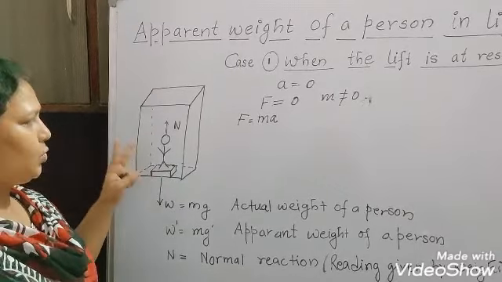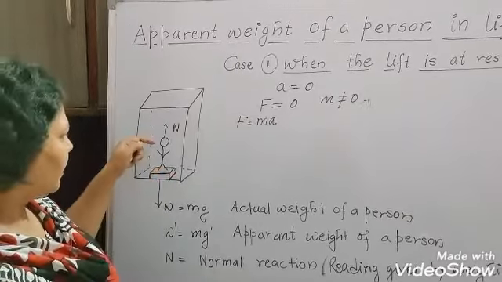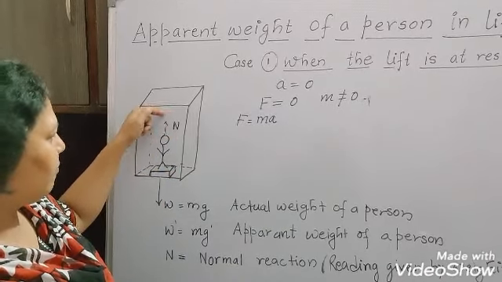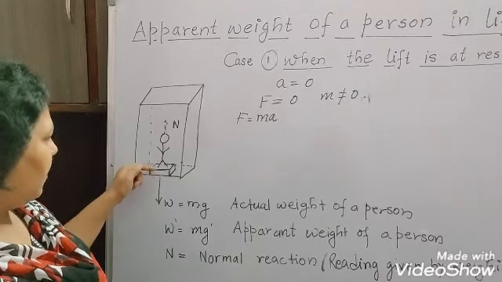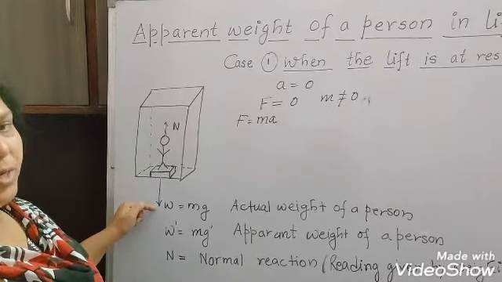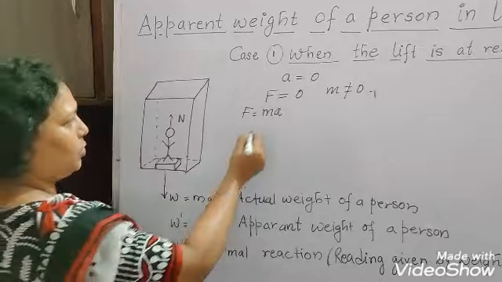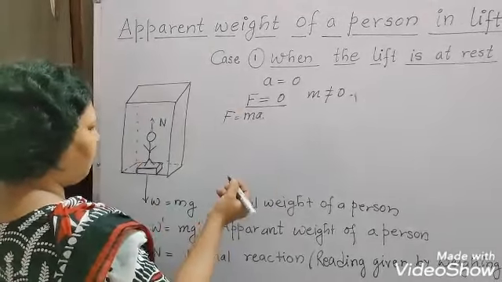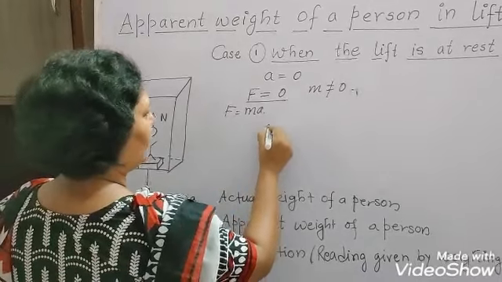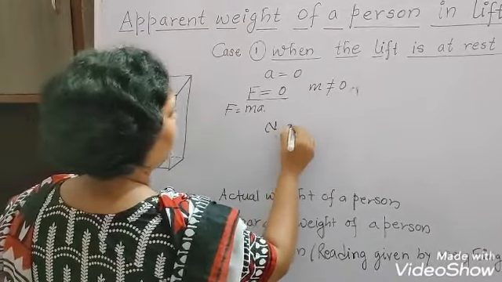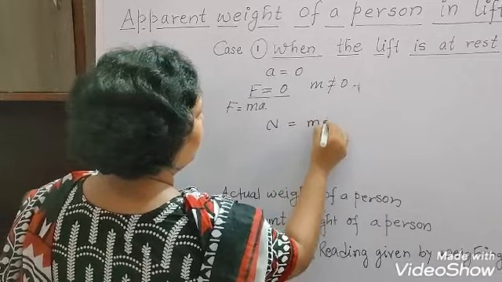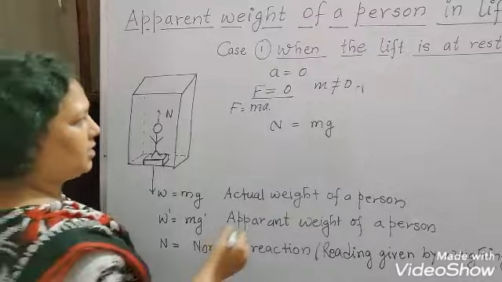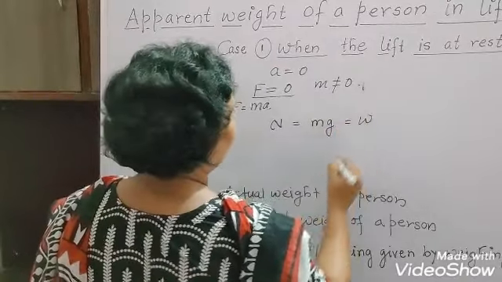Here you will find two forces are working: one, the normal force or normal reaction, perpendicular upward, and the weight of the person, perpendicular downward. Because the net force is 0, you can simply say the normal reaction is balancing mg, and that is equal to W, the weight of the person.